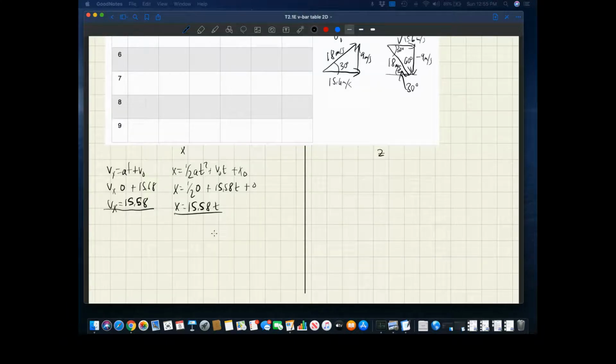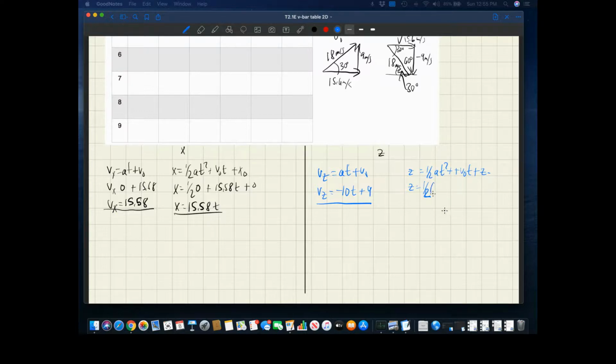Now z, we've got Vz equals at plus v0. And in the vertical, acceleration is minus 10, and v0 was plus 9. So this is our model for the velocity. And our vertical position, 1/2 at squared plus v0t plus z0.